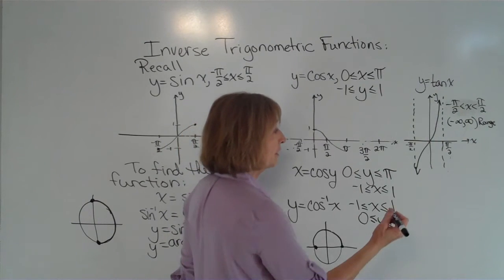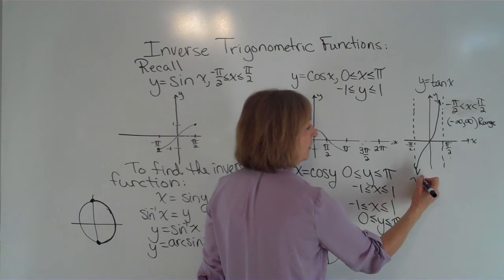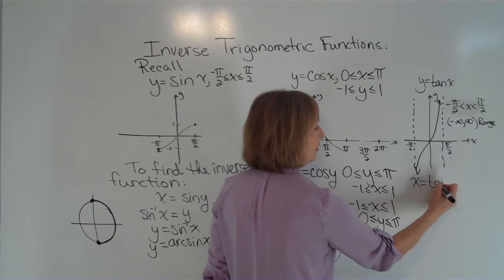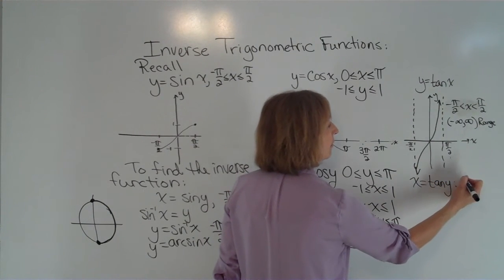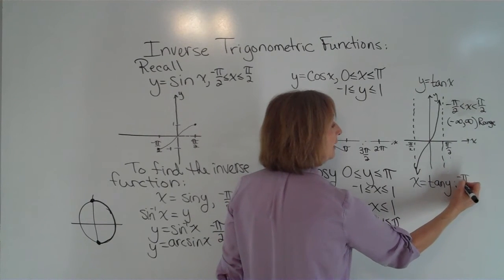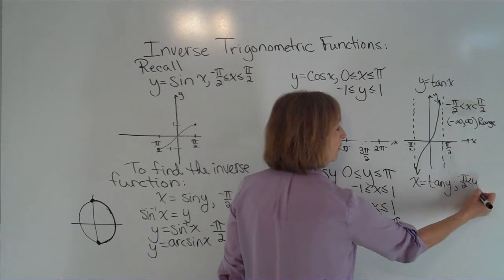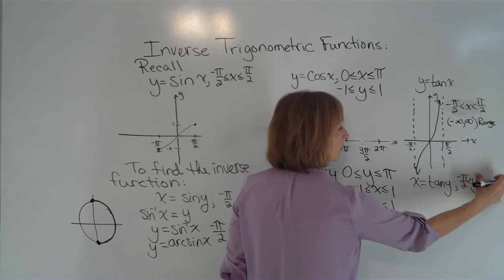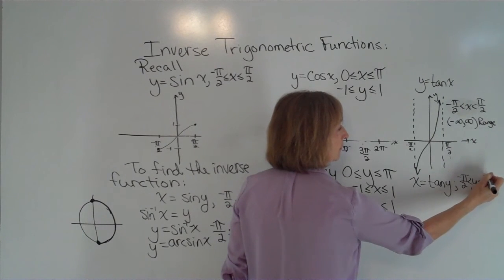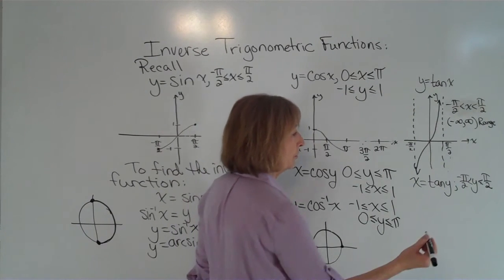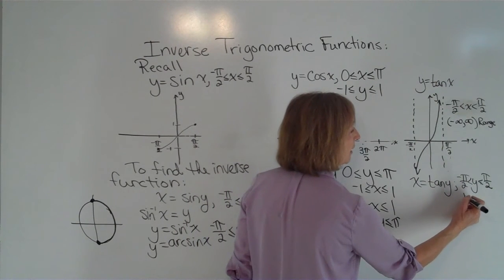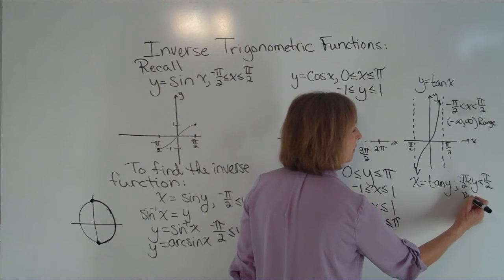So then my inverse tangent, I will switch the x's and y's. X is equal to the tangent of y, where my y is between negative pi over 2 and pi over 2. And my input ratios are anywhere from negative infinity to positive infinity.